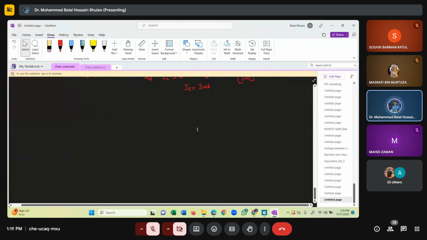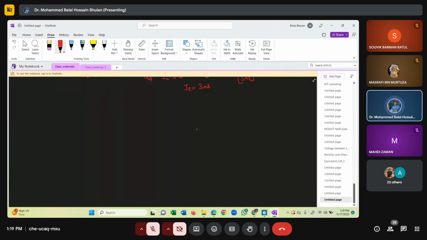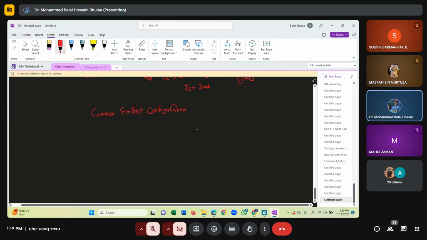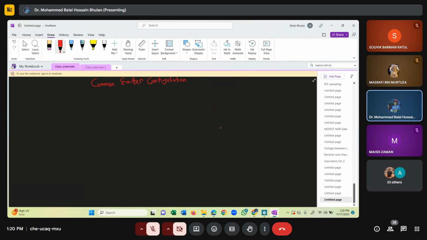Next, our common emitter configuration. As the name suggests, if the emitter terminal is common to both the input side and the output side, this configuration is known as common emitter configuration. Let me draw it. How does it look?